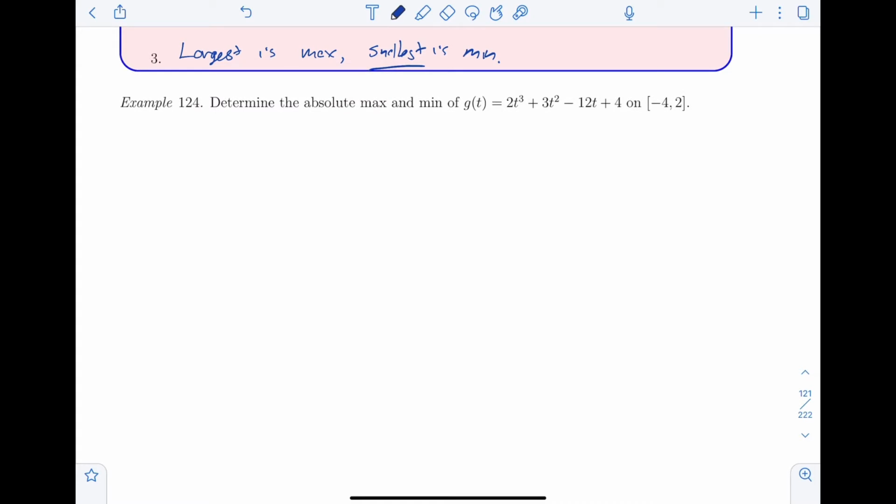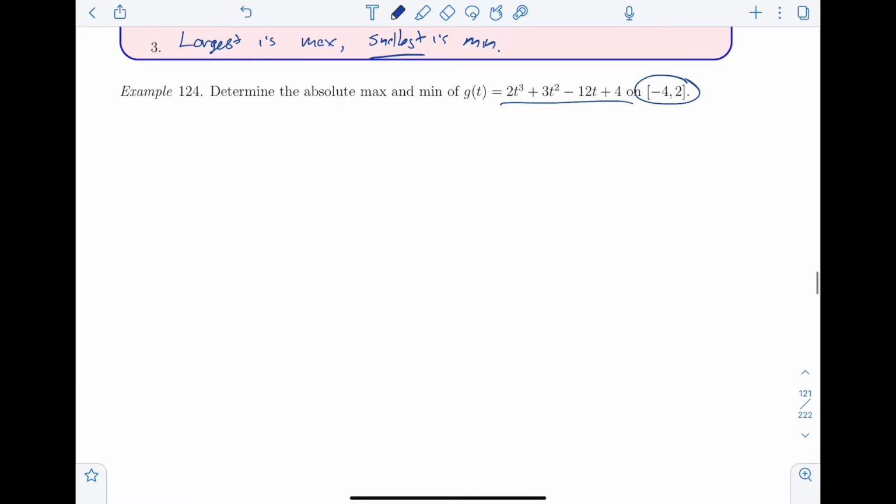g of t is equal to this third degree polynomial on the closed interval -4 to 2. And so polynomials are continuous. Step 0 is done. Step 1, find the critical points. So g prime of t is 6t squared plus 6t minus 12.